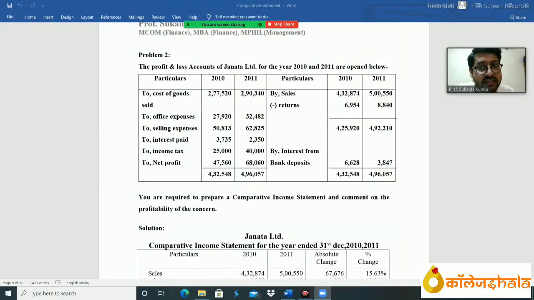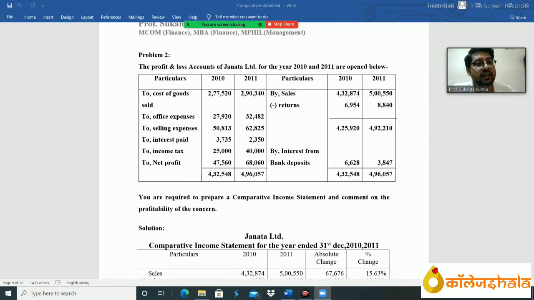So office expenses and selling expenses are related to my operations, are related to my business, whereas interest paid is a non-operating expense. Why? Because it is not related to our operation. Interest paid, suppose you have taken a loan and you are paying interest on that loan, so this is a non-operating expense.